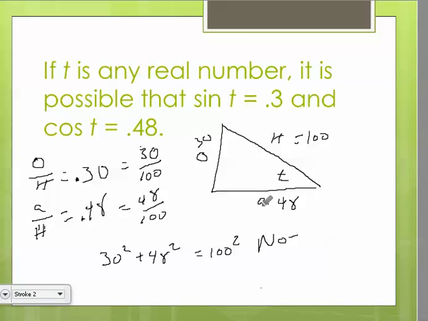Okay? Are there other ways of doing this? Sure. Why, certainly there are. Because we know that the tangent would be 0.3 divided by 0.48, right? What is 0.3 divided by 0.48?